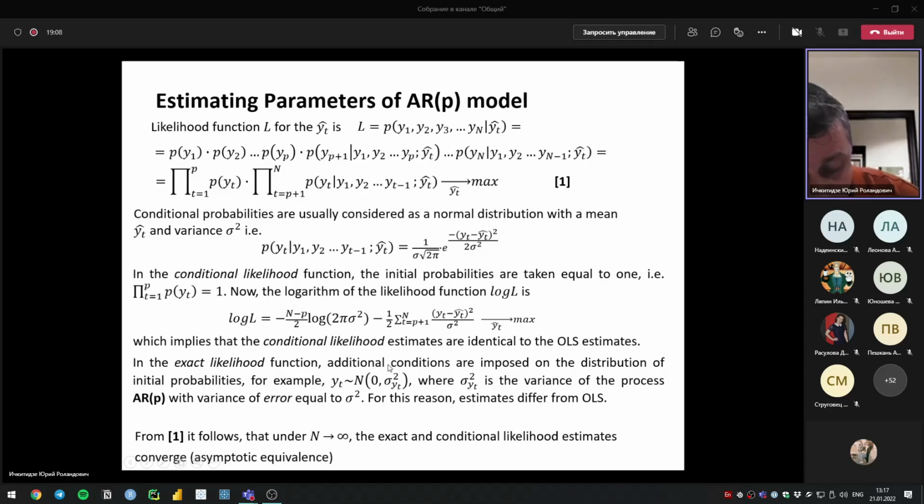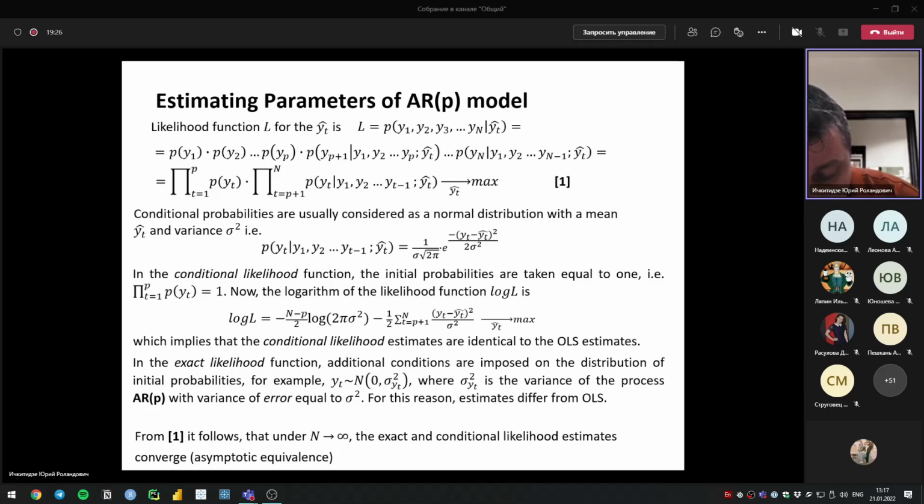It follows from this first equation that as the number of observations tends to infinity, the exact and conditional likelihood estimates converge. This is the so-called asymptotic equivalence.